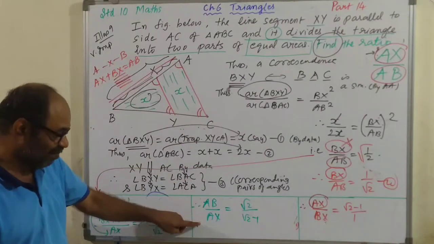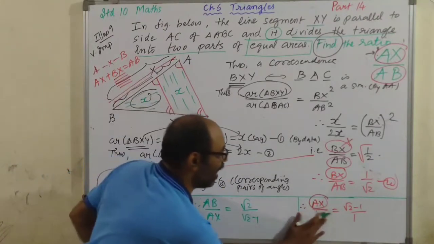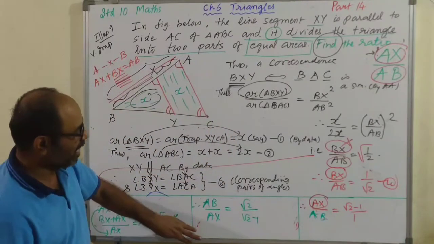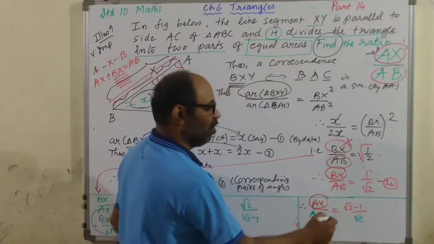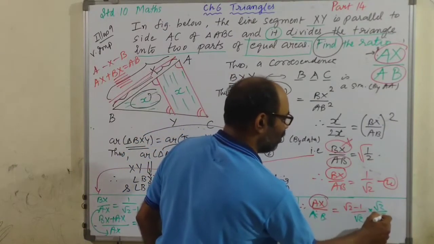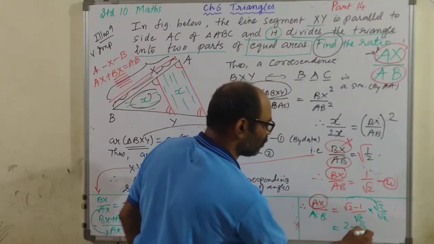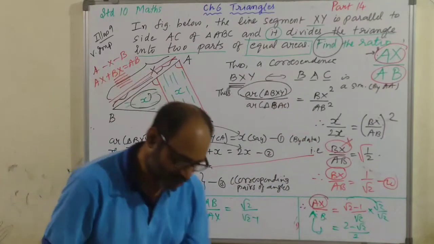Inverse AX upon AB. ये ऊपर गया और root 2 नीचे आया. ओके, रेशनलाइज करेंगे तो वही पहले वाला आंसर आ जाएगा. root 2 into root 2 minus root 2 upon 2. That is the ratio AX upon AB.